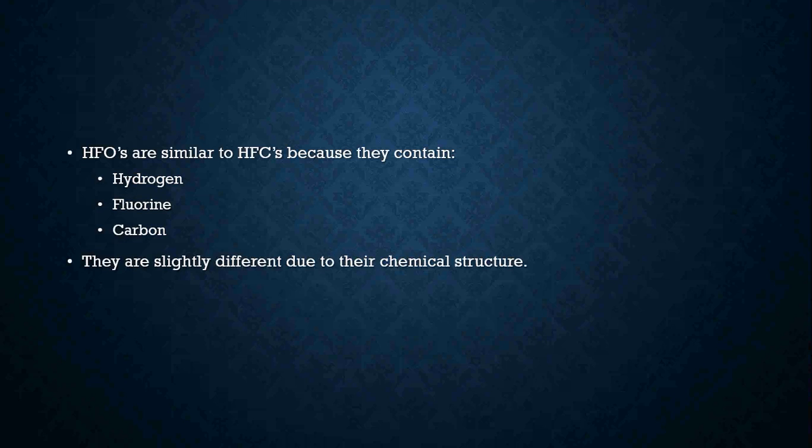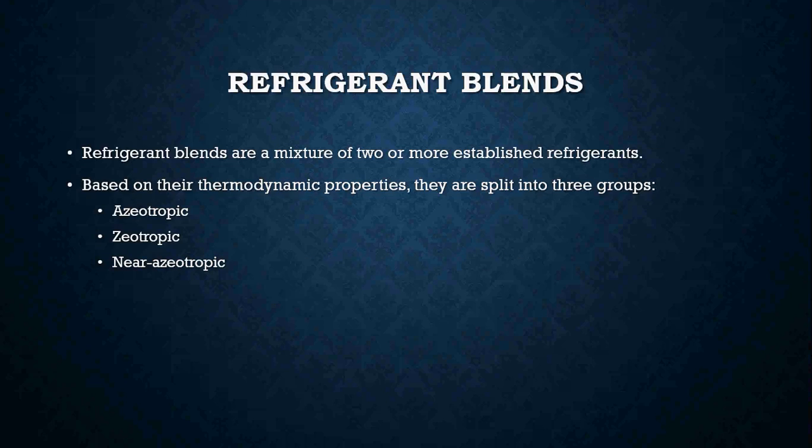Your HFOs are similar to your HFCs because they contain hydrogen, fluorine, and carbon. They are slightly different due to their chemical makeup and chemical structure, but they still have different properties in different areas where we think that they may not necessarily be as quote-unquote ozone friendly and environmentally friendly.